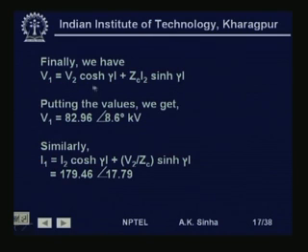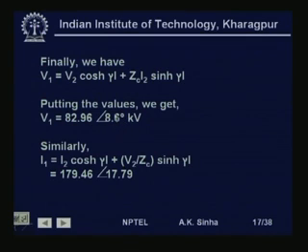Now, if we substitute the values of cosh(γL), sinh(γL) and Zc, then we will get the value of V1 as 82.96 kilovolts with an angle of 8.6 degrees.